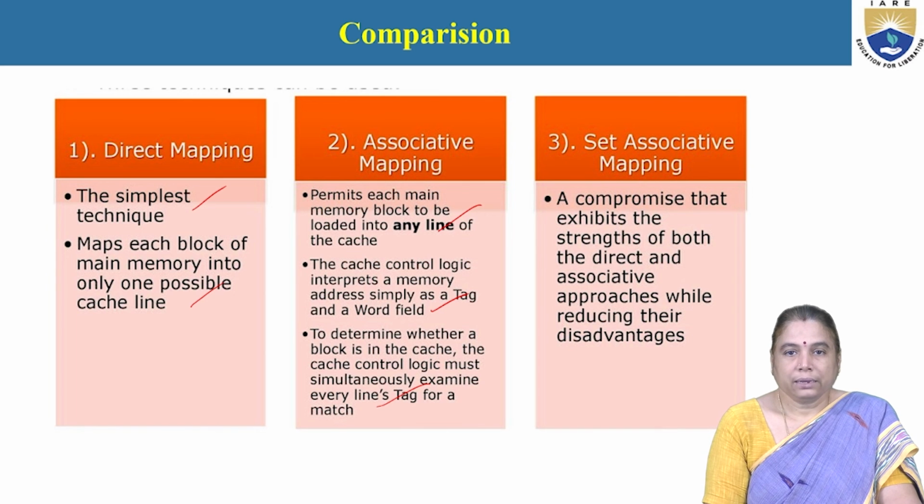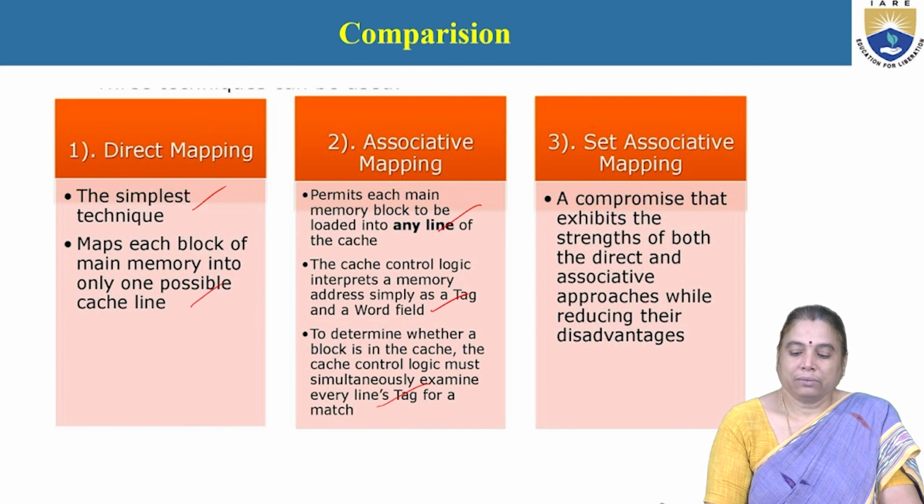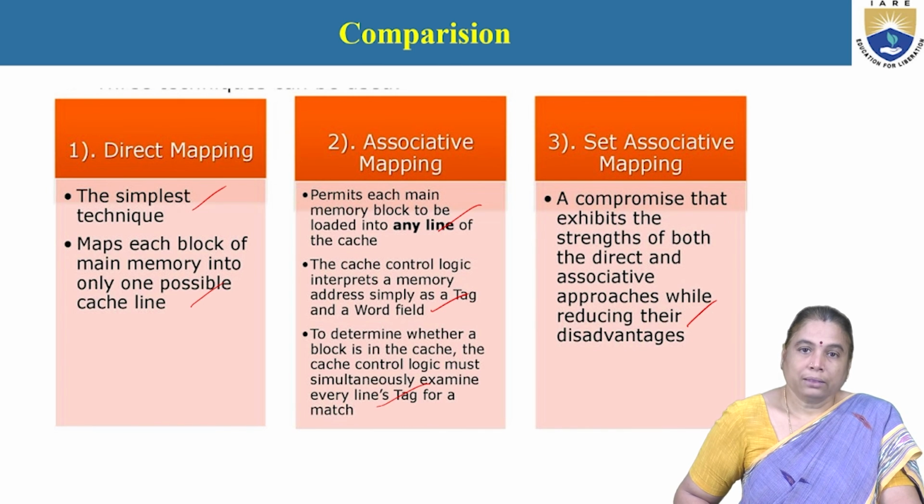The third category is set associative mapping, a compromise that exhibits the strengths of both the direct and associative approaches while reducing their disadvantages. So these are the three cache mapping techniques.